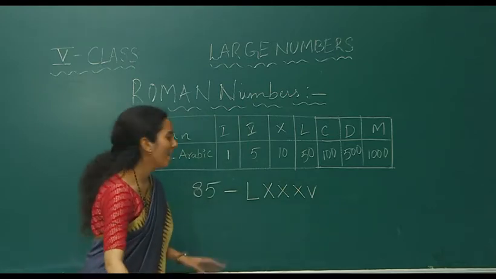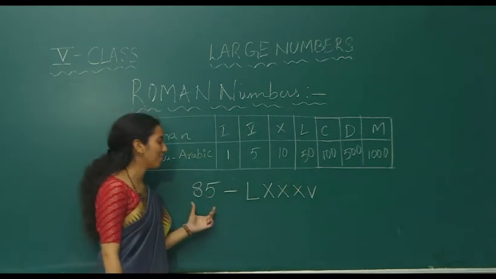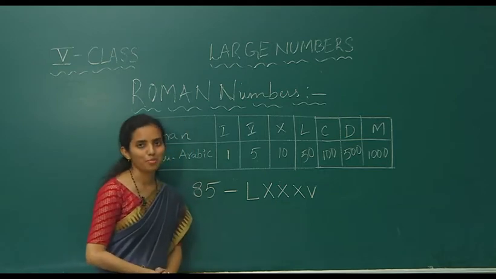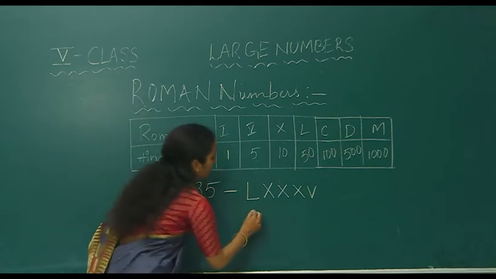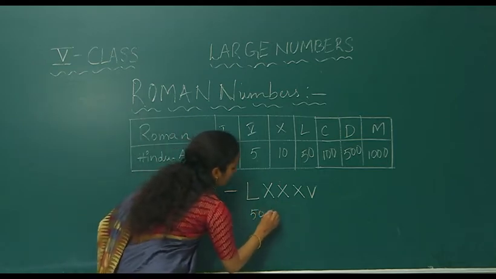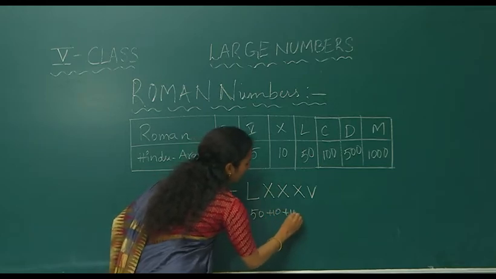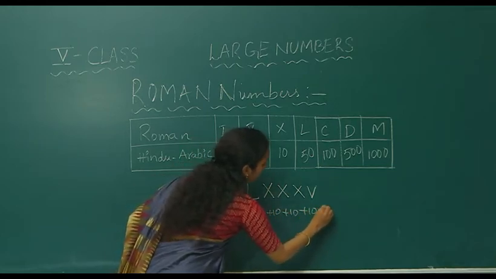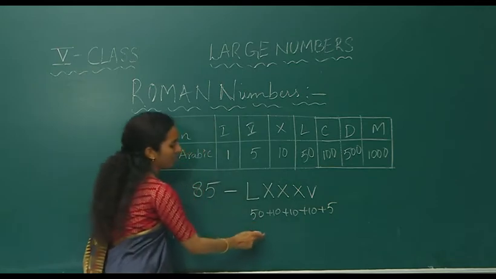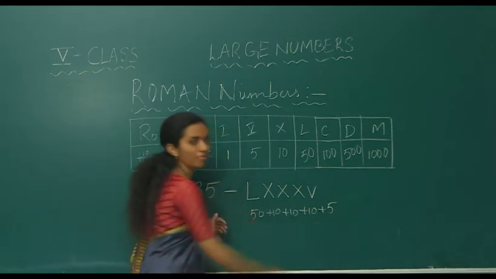This is the way we represent 85 in the Roman number system. How? 50 plus 10 plus 10 plus 10 plus 5. 50, 60, 70, 80 and 5.